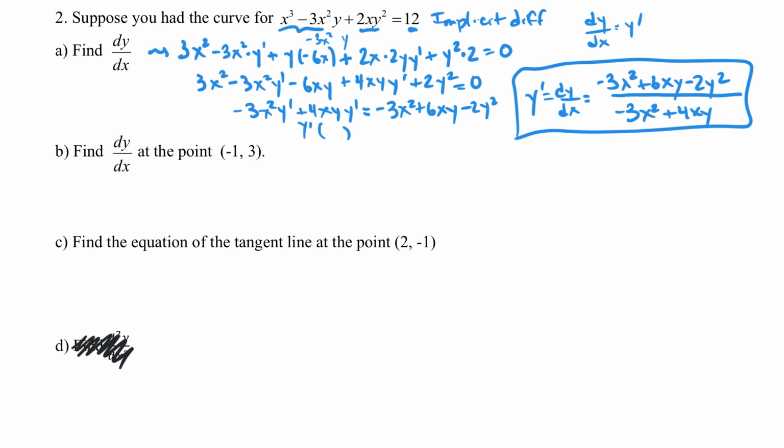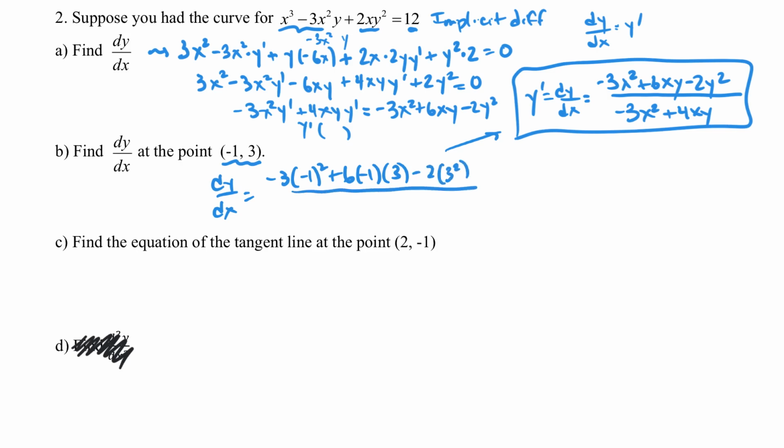All right, so for part B, we do have the dy/dx, which is our slope, and we just have to plug in this point. So dy/dx at this point will be negative 3 times negative 1 squared plus the 6 times negative 1 times 3 minus 2 times 3 squared, all divided by negative 3 times negative 1 squared plus 4 times negative 1 times 3.